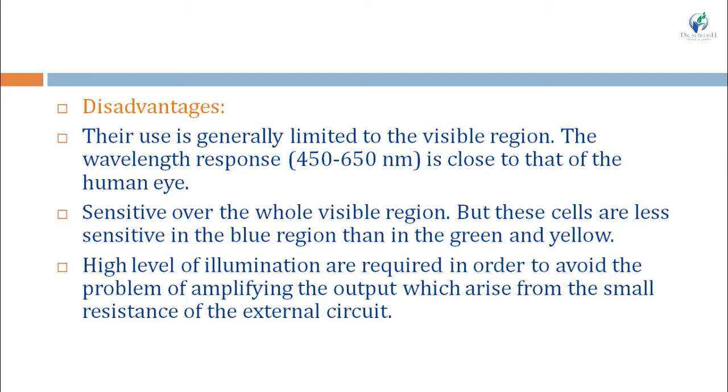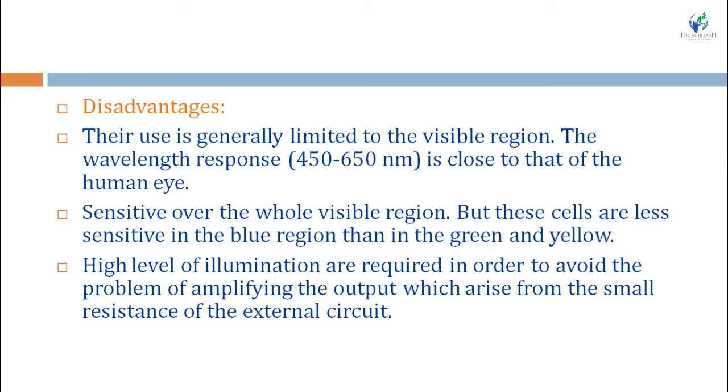Means visible region, obviously 450 to 650, or we can say 400 to 800 nanometer, which is close to the human eye. These photovoltaic cells are sensitive over the whole visible region, but these cells are less sensitive in the blue region than in the green and yellow region. Means sensitivity of these cells in the blue region is less, and in green and yellow colored visible radiations, it is more.